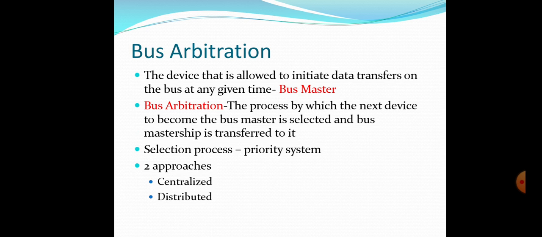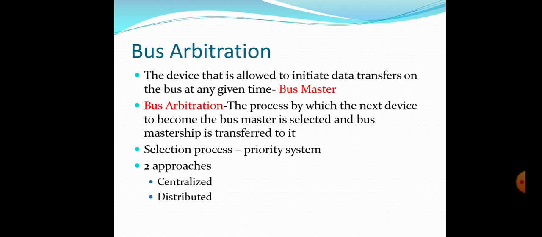So the bus arbitration process is the selection of this bus master. Bus arbitration can be explained as the process by which the next device to become the bus master is selected and the bus mastership is transferred to it.